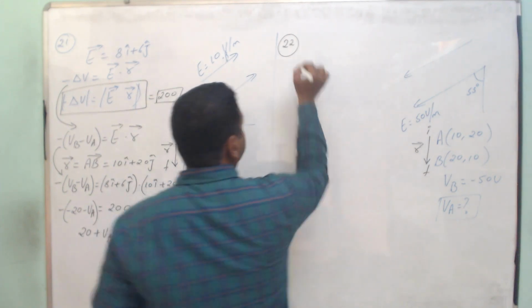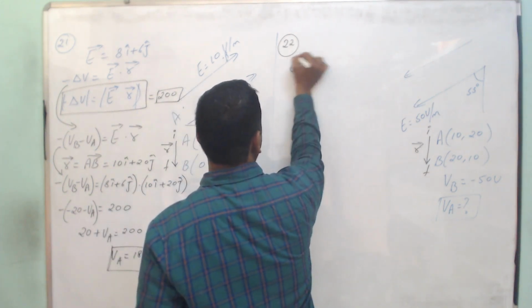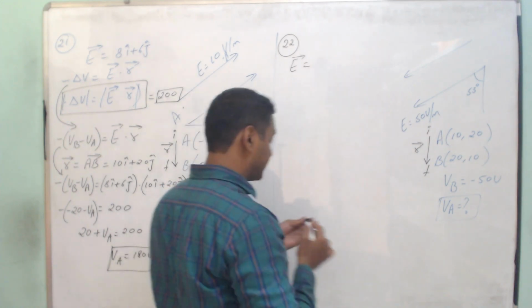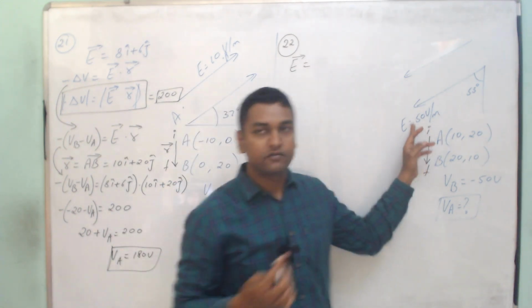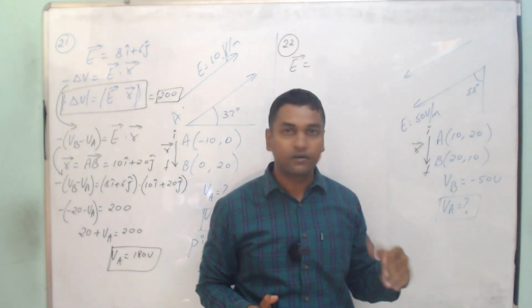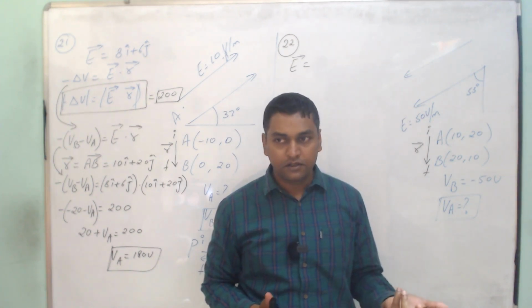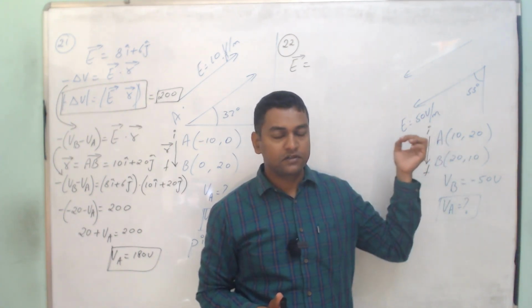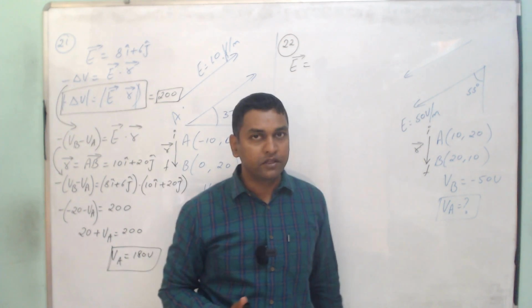Now, tell me what is E bar. First of all, I have given the value 50 purposefully. 50 and 53 means 50 will become 40 and 30. So tell me, what should E bar be?